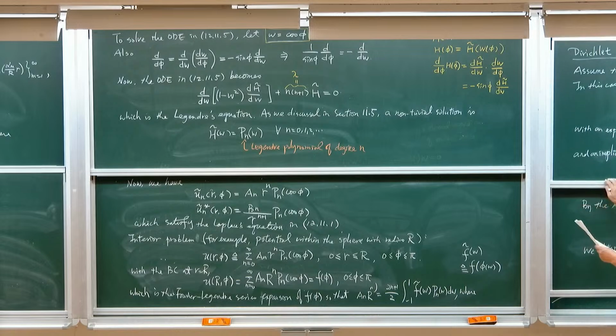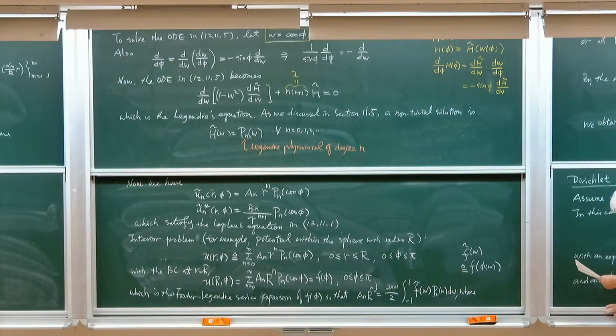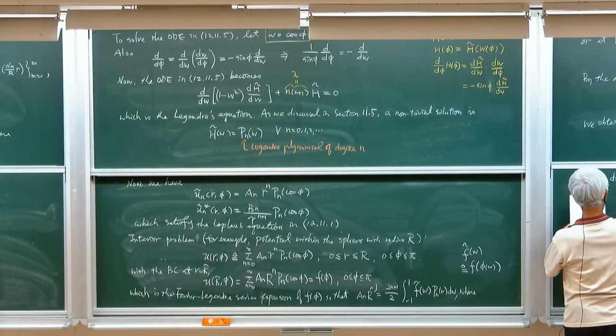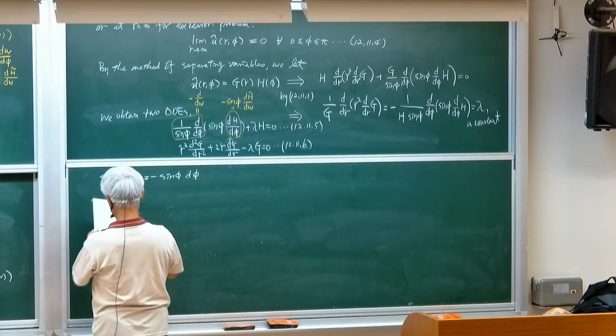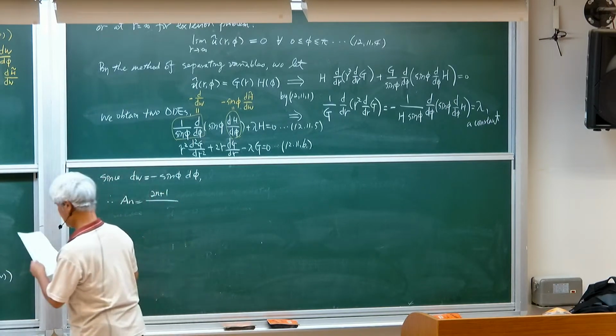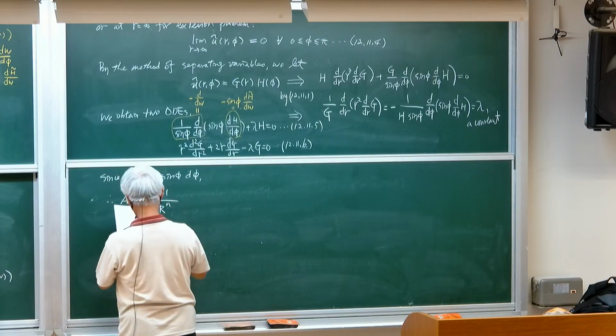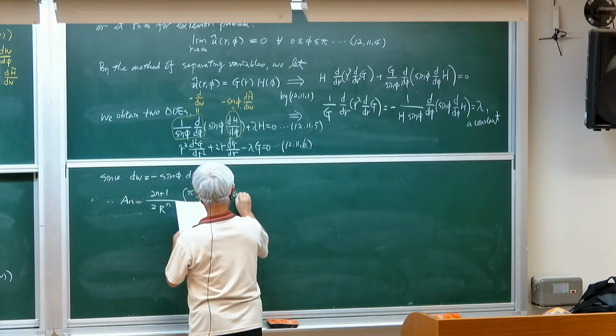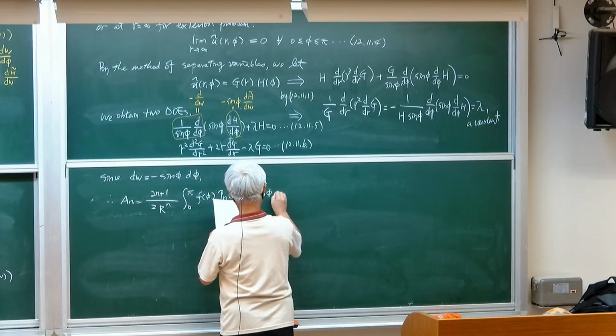And by the change of variable, since dw is equal to minus sine phi d phi, so that An becomes 2n plus 1 divided by 2, R to the power minus n, integral from 0 to pi of f of phi Pn cosine phi and sine phi and d phi.